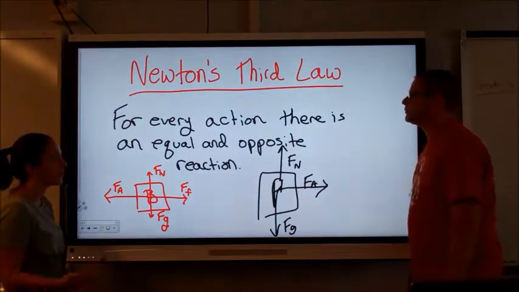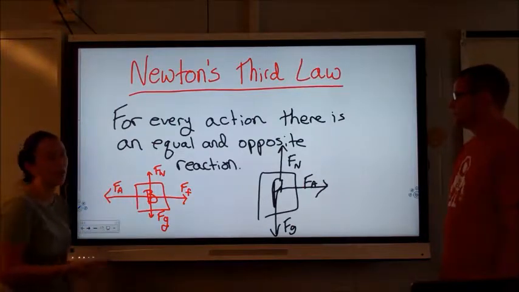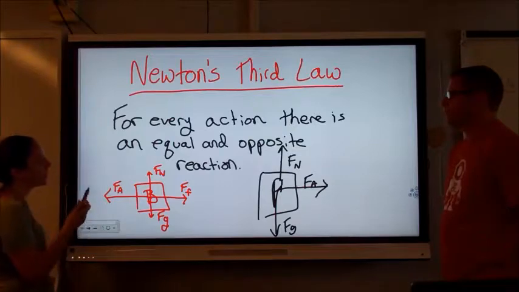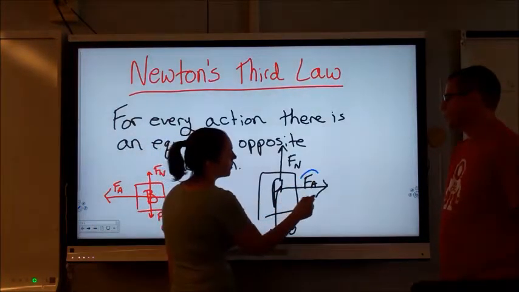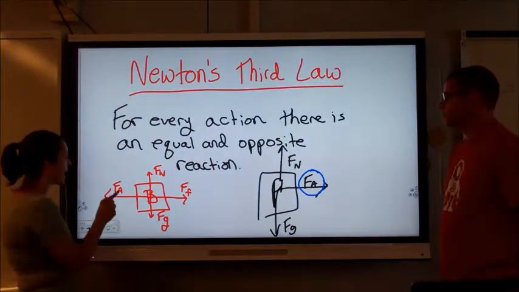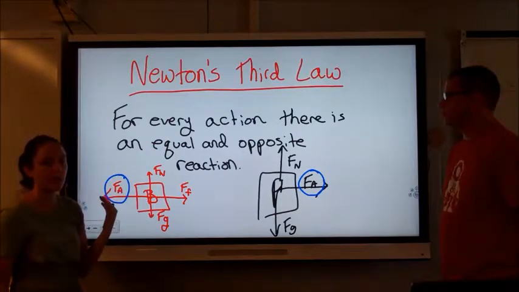Now when we're talking about those equal and opposite reactions, let's look at our diagrams and see where those forces are. The action is me pushing Mr. Petersack with an applied force, and the reaction is the applied force that he then pushes back on me.